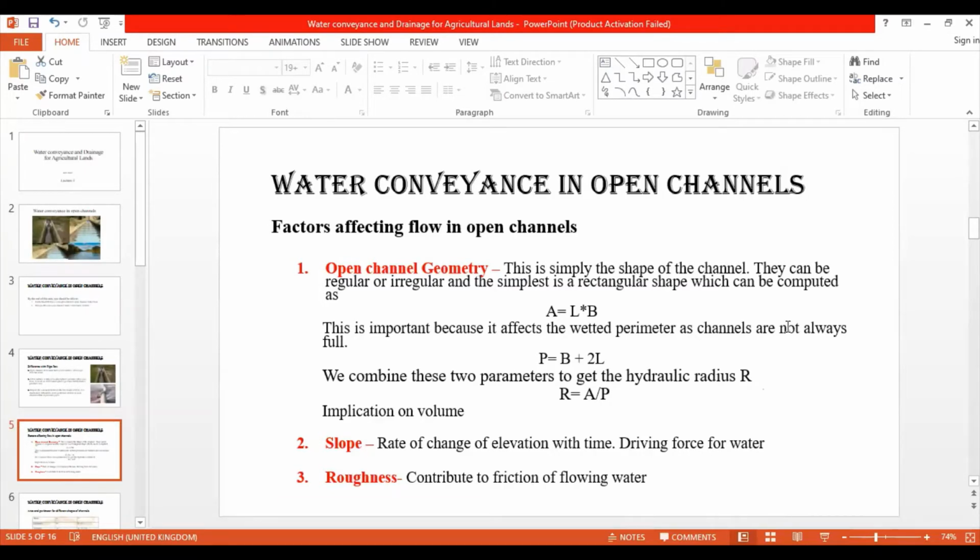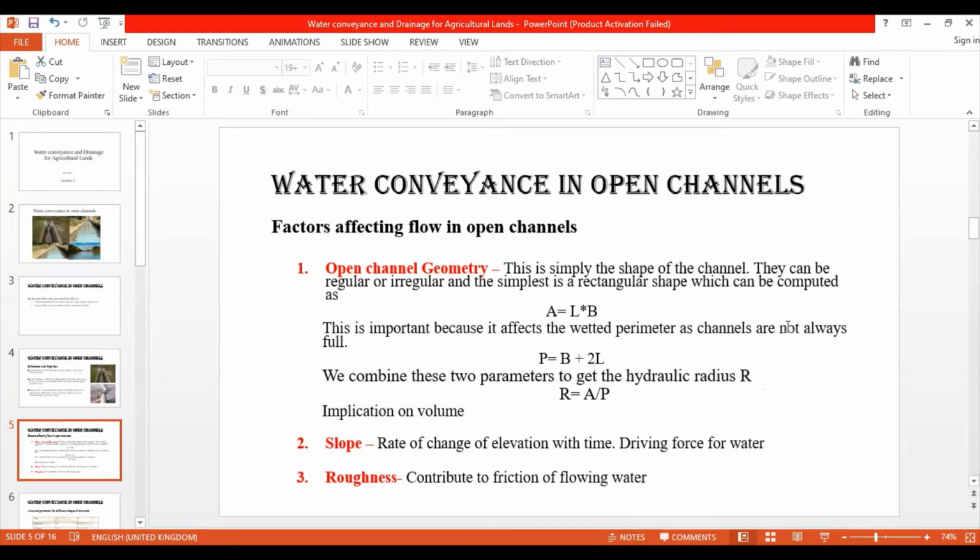We come up with another parameter which we call the hydraulic radius. This is simply the ratio between the area and the perimeter. This is what we'll be using in our computations for designing open channels. It has an implication on the volume of water which will pass through that channel.